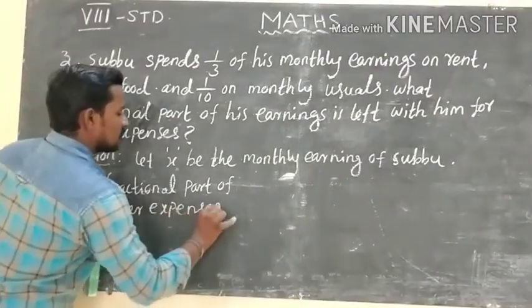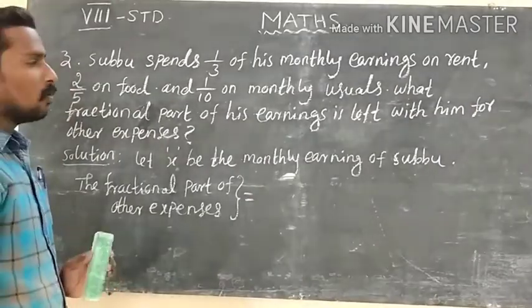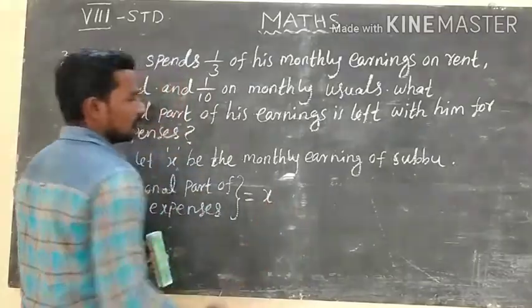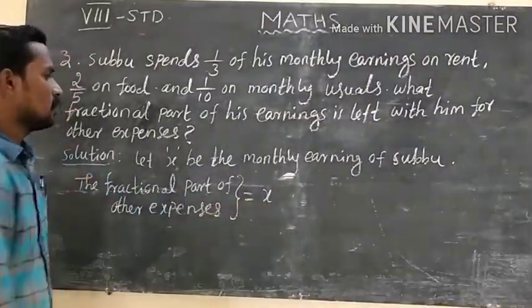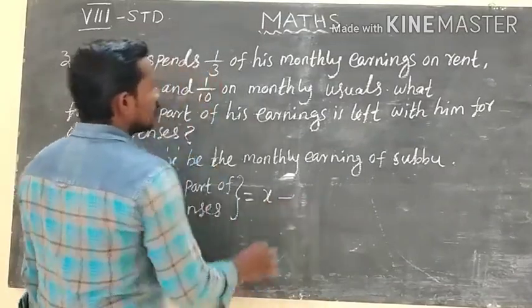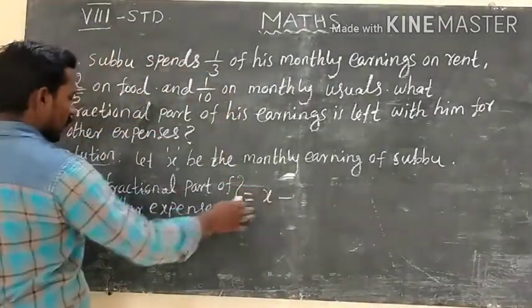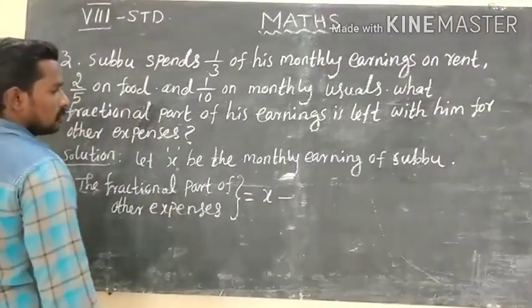The fractional part of other expenses is equal to the whole earning, which is X. The full earning amount is X. So subtract the expenditure from the earning, and we get the remaining fractional part. Have you understood?